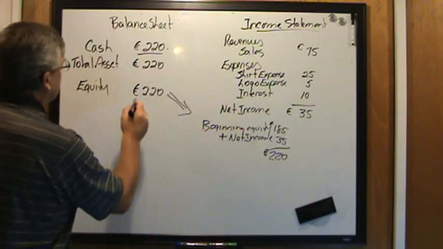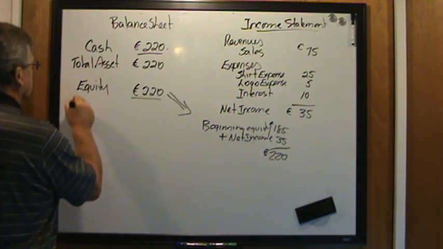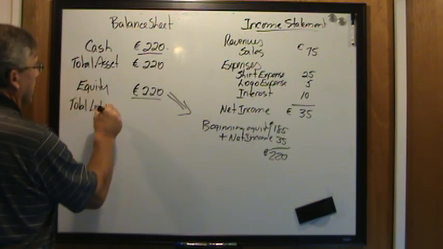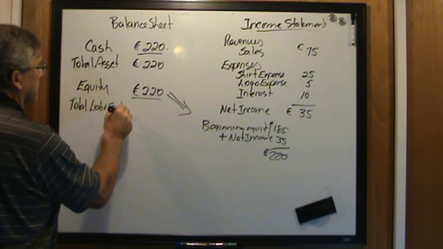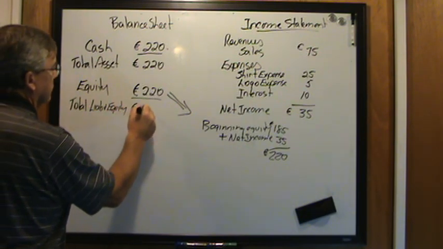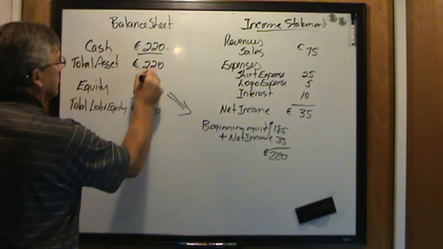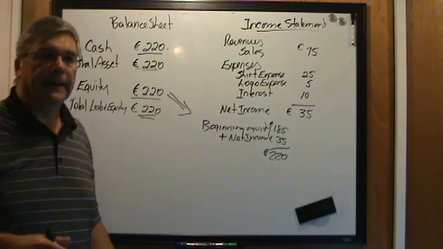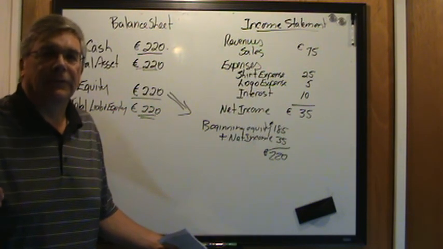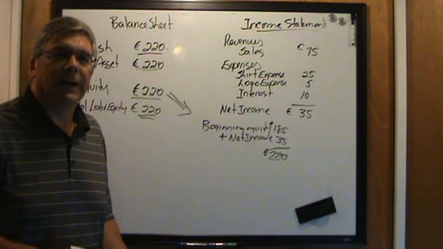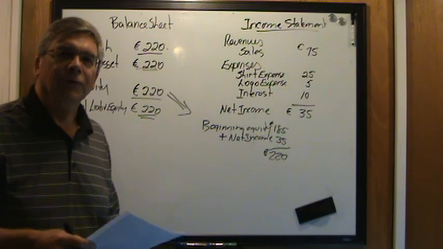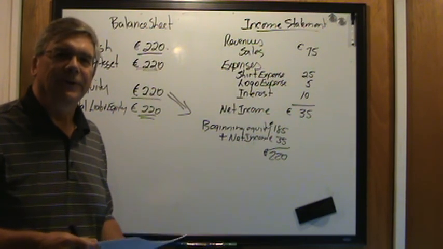So total liabilities and equity is 220. The balance sheet balances, and the partners, I suppose, can now take that 220 and split it up and use it to buy books or something for school. I suspect that is what they're going to do.